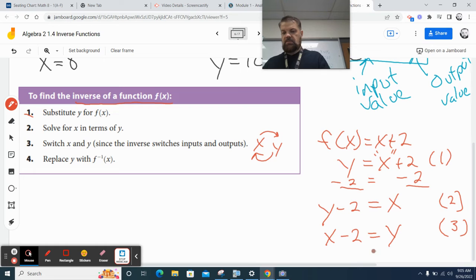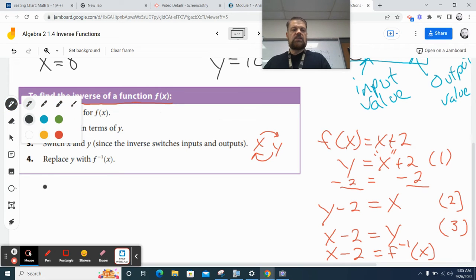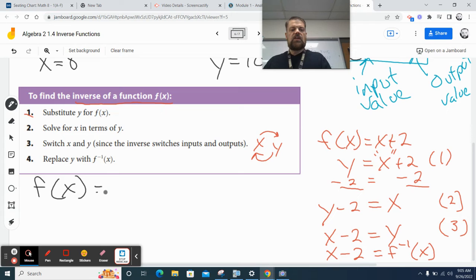So you're going to write f to the negative 1, is what it kind of looks like, but it's called f inverse, is equal to x minus 2. So over here, let's write this out. F of x is equal to x plus 2. And then the inverse, f inverse of x is equal to x minus 2.